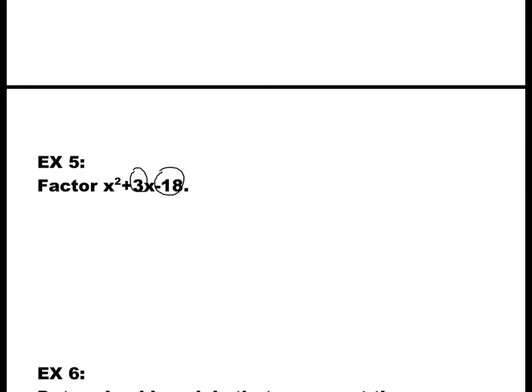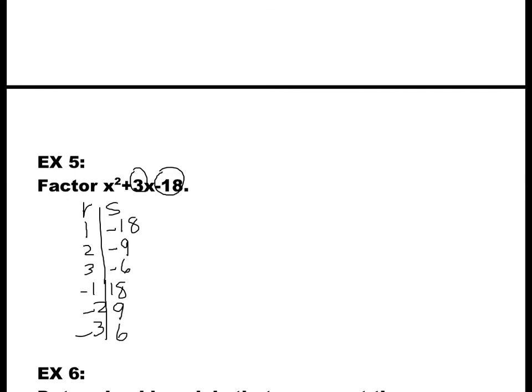So we have to find two numbers whose product is negative 18 and whose sum is 3. There is no special technique to find these two numbers, unless you come up with a table of all these pairs of numbers.